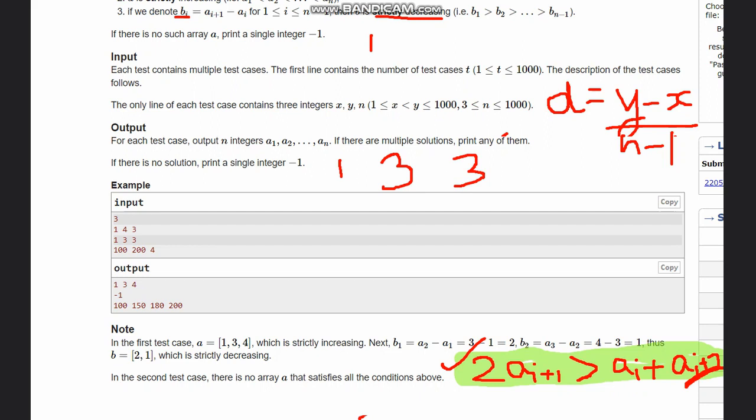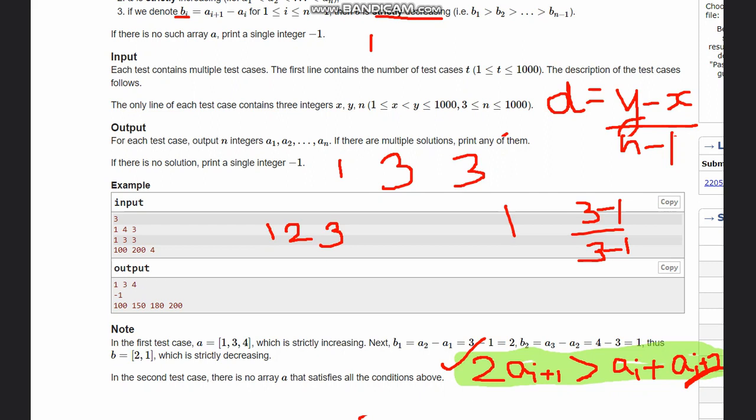So we have the difference as 3 minus 1 divided by 3 minus 1. Now the difference is 1. So we have 1, 2, 3 as the series.